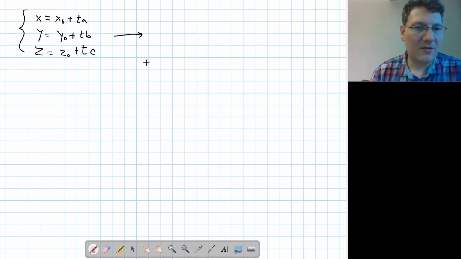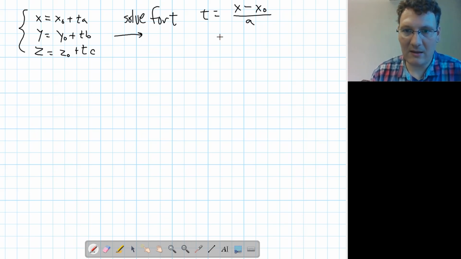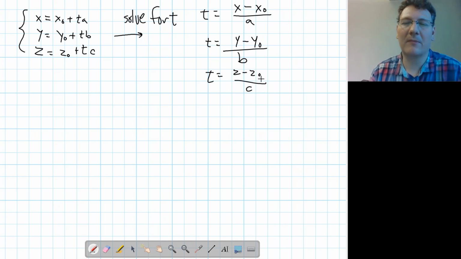So if we take the three parametric equations and solve for t, we're going to get three equations: t equals (x minus x0) over a, t equals (y minus y0) over b, and t equals (z minus z0) over c.